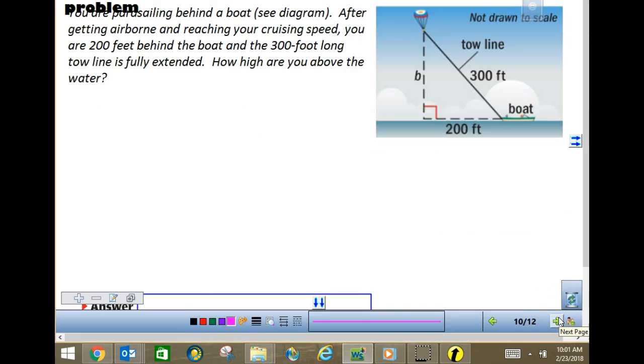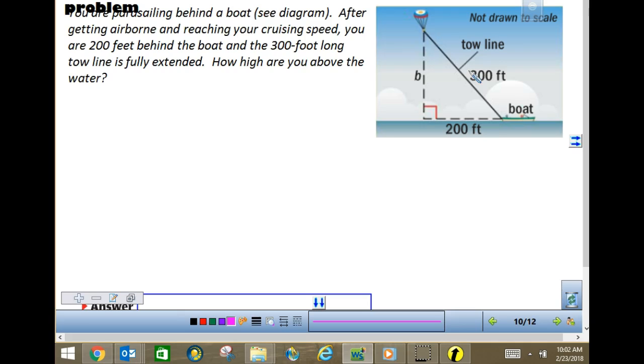Last question. So you're going to have some application problems. I think sometimes they're not too hard, but again, this one, if any of you have ever gone parasailing, right, going sailing behind the boat. So in this case, they tell us that you are 200 feet behind the boat, and that rope is 300 feet, and the question is how high up from the water are you? Okay?